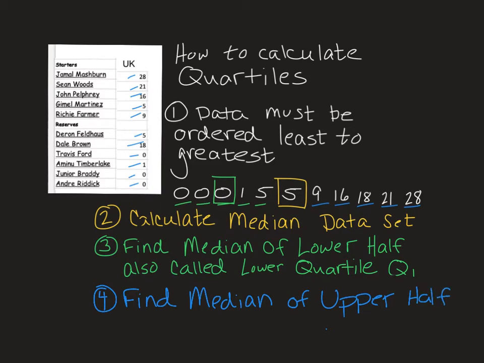So that upper half will be this half right up here that's in the blue. And I have 2 numbers in the front, 2 numbers in the back, which means that middle number is going to be 18. So I found the median of my upper half of my numbers. And this is also called the upper quartile.